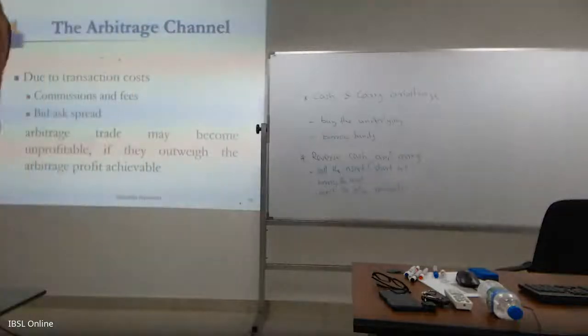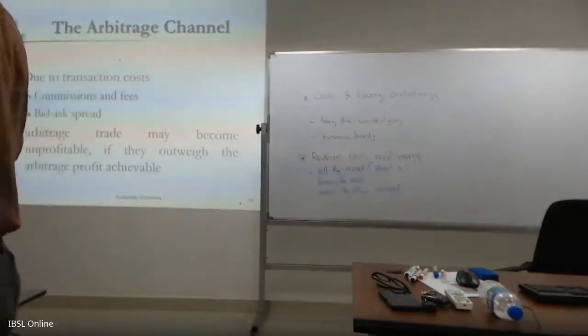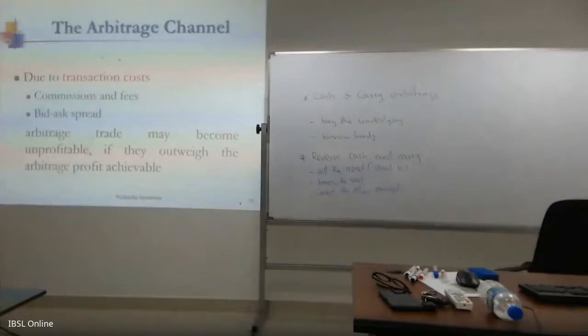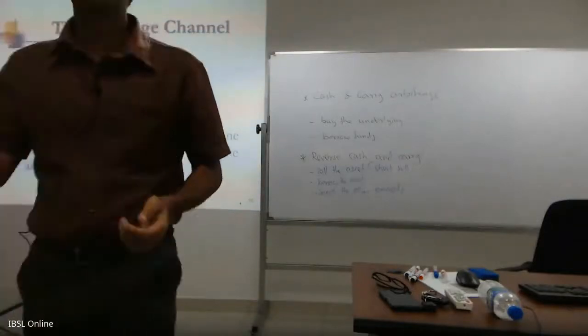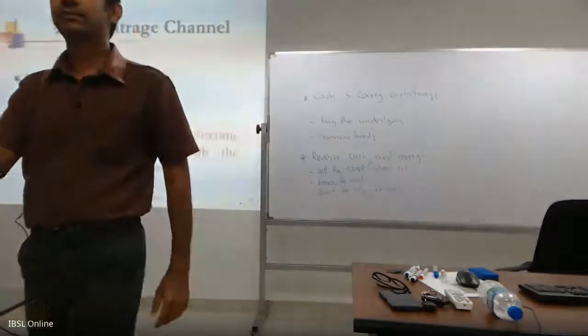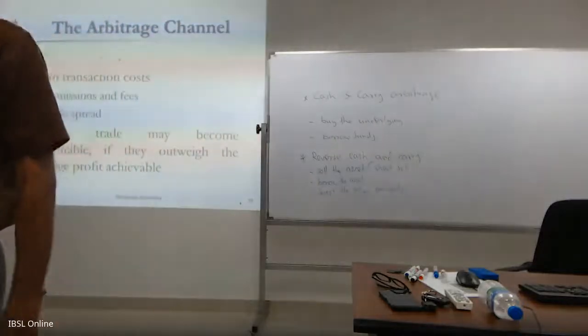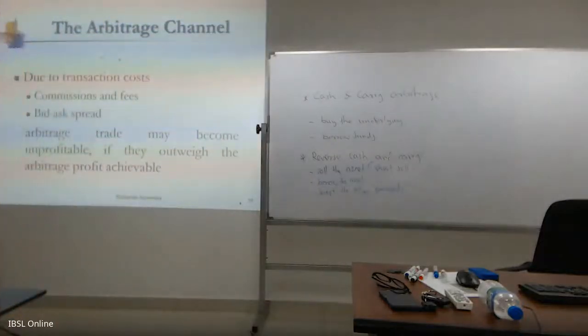We have discussed that for futures, there's a commission that you have to pay to the futures brokers, and the bid-ask spread. So when you factor those things in, if your commission is more than the arbitrage profit, it won't work. If the bid-ask spreads are wider than the arbitrage profit, you may not be able to exploit the profit.